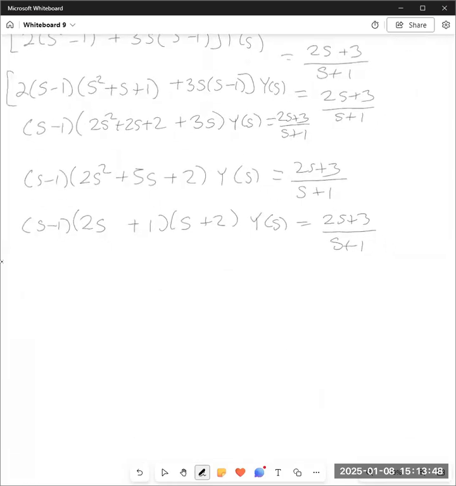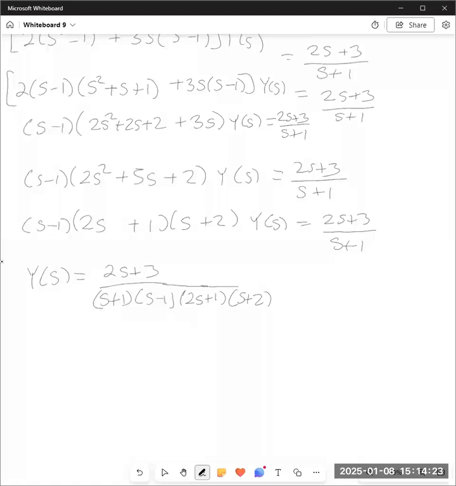And then we have capital Y of s is equal to 2s plus 3 over s plus 1 times s minus 1 times 2s plus 1 times s plus 2. I don't really like this 2 being there in the denominator because I know what form I'm going for here.